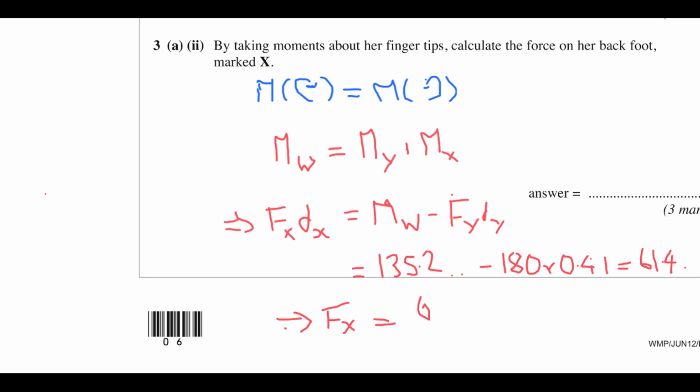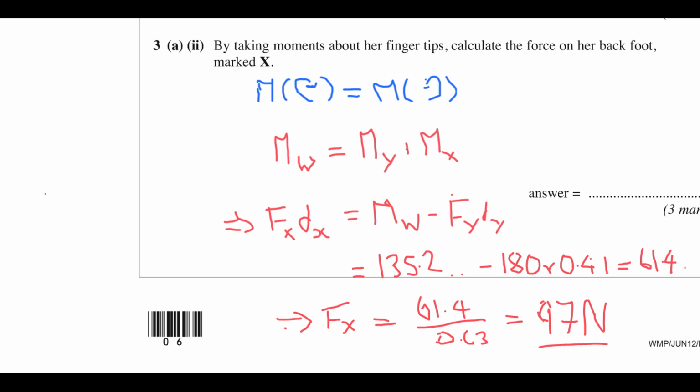So that's going to be 61.4 divided by the distance of the force X, which is 0.63. And that's going to be equal to 97.46, and so on. So that's essentially 97 newtons to two significant figures.